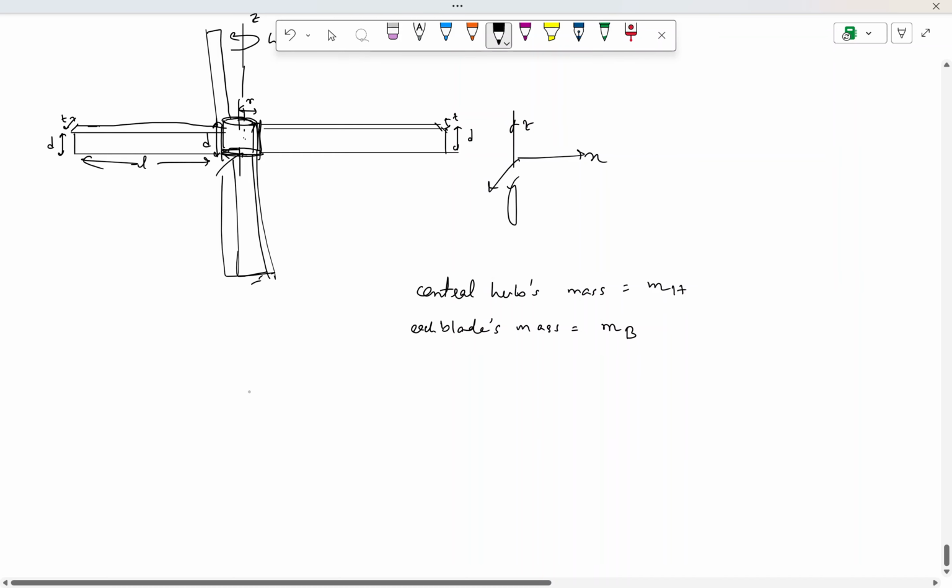Because rho is uniform and common for both of them, mh is simply the mass density rho into the volume of the central hub, which is a cylinder.